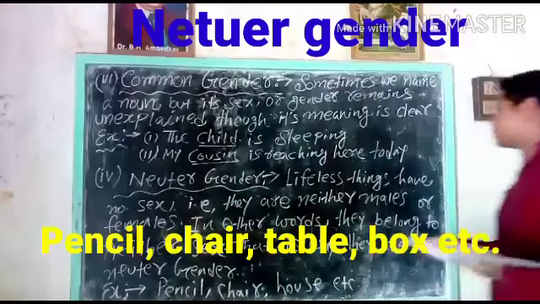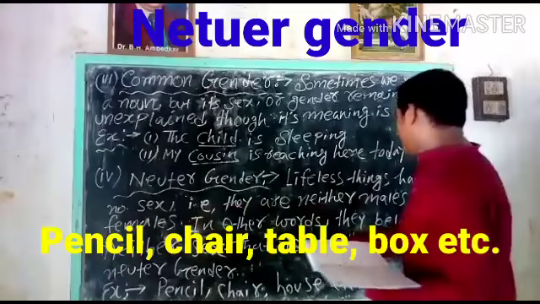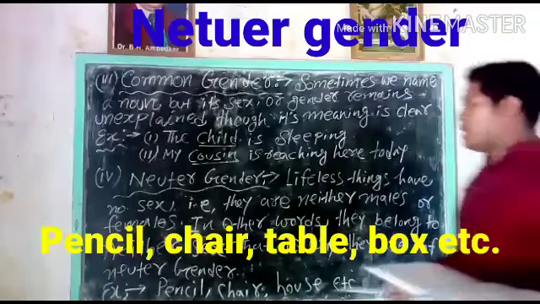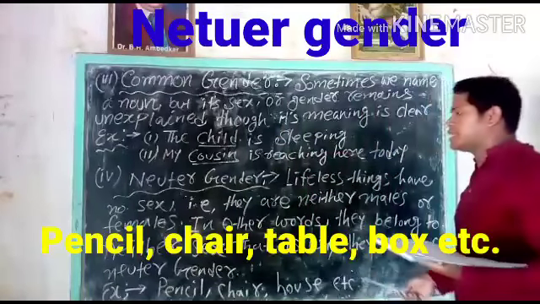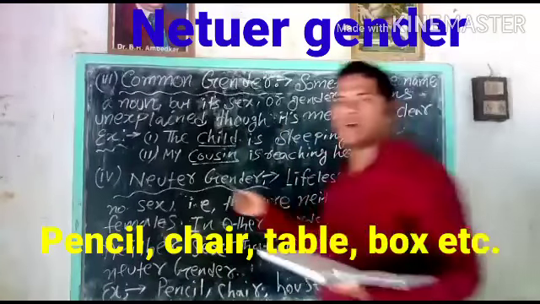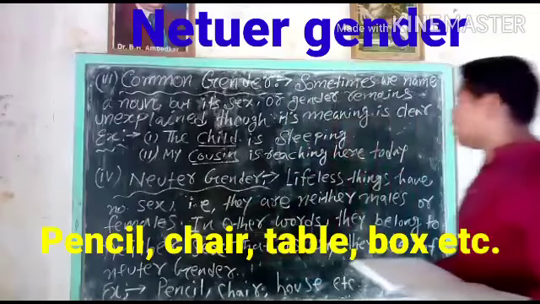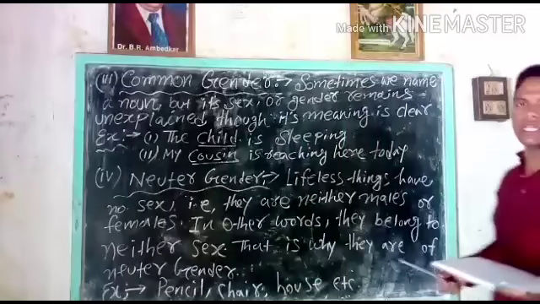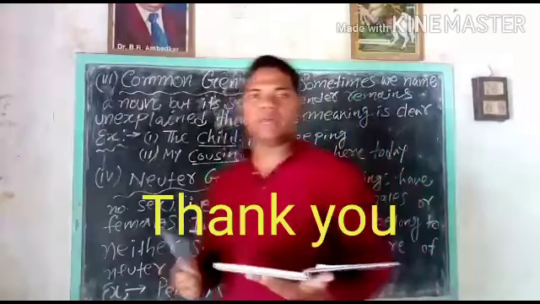In other words, they belong to neither sex. These are called neuter gender. For example, pencil, chair, house, etc. All of these are examples of neuter gender. Okay, students, I hope you have understood it very well. Thank you.